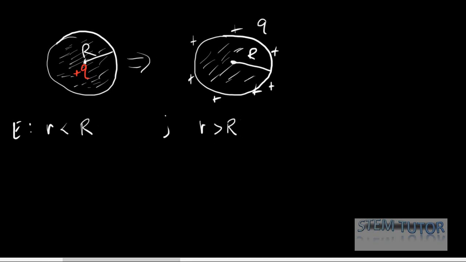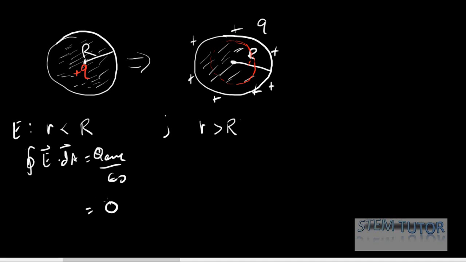For r less than R, there is no q, because there's no q inside the conductor. So if you draw your Gaussian surface, say a sphere like this, then the integral of E dot dA equals Q enclosed over epsilon naught.